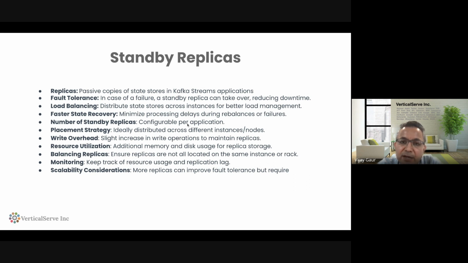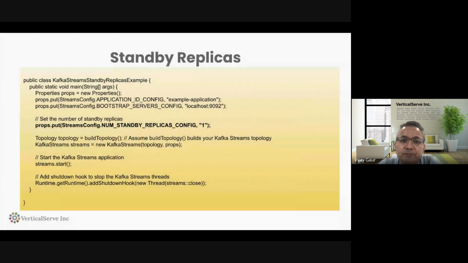So if you have a large state store, it is highly recommended to configure standby replicas for better recoverability. This is how we can configure them: in the properties, you have a streams config, and you can just set num standby replicas config to 1. That way, you can configure the replicas.